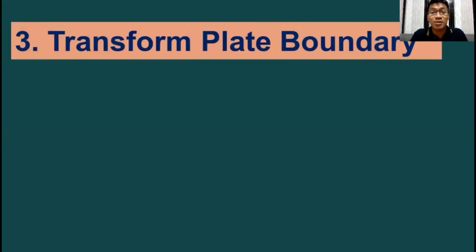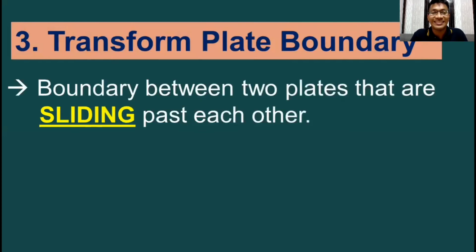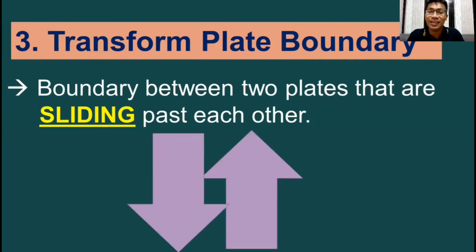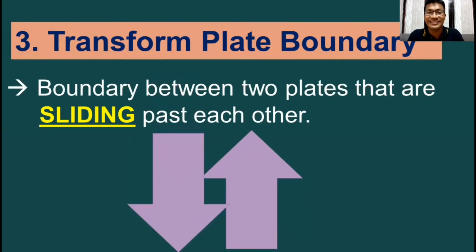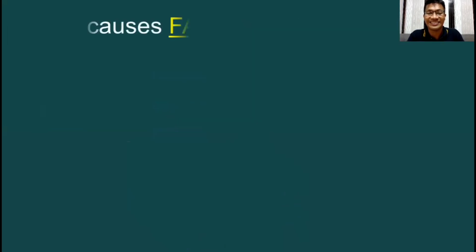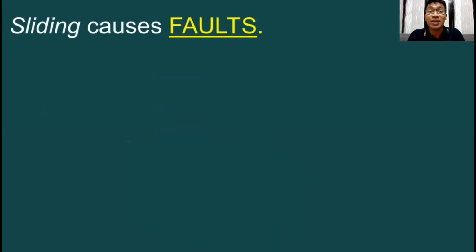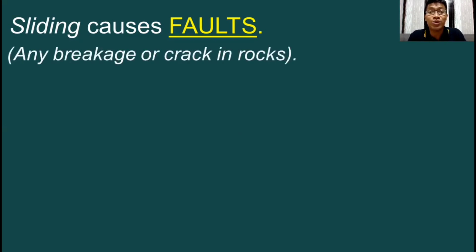The third type of plate boundary is the transform plate boundary. In here, the two plates are sliding past each other. And it looks like this. Due to the sliding, it produces what we call faults. And we describe faults as any breakage or crack in rocks.